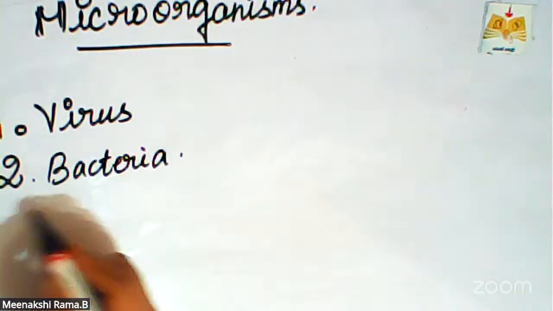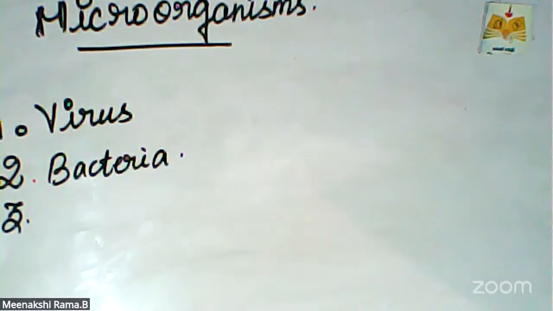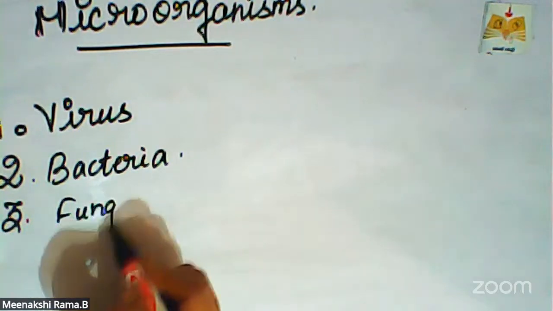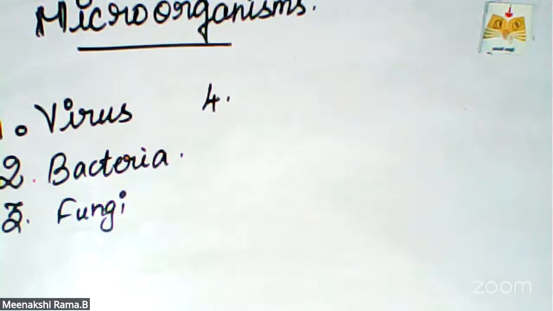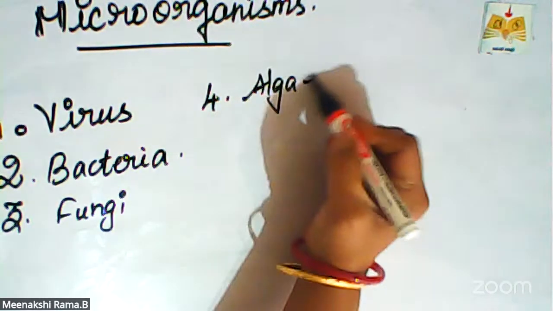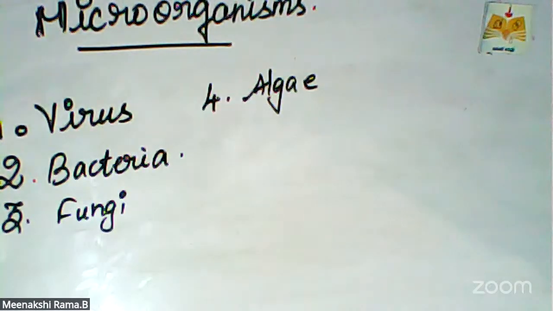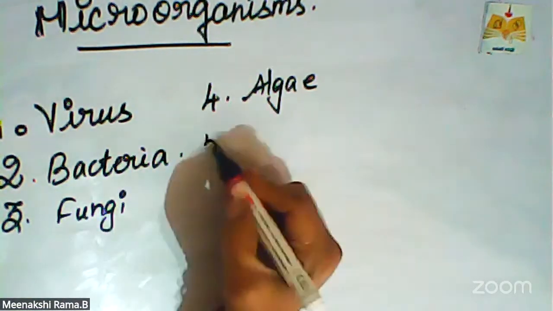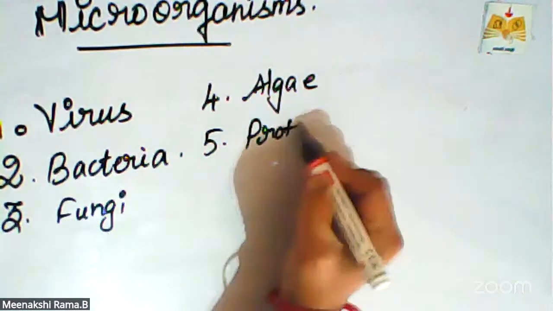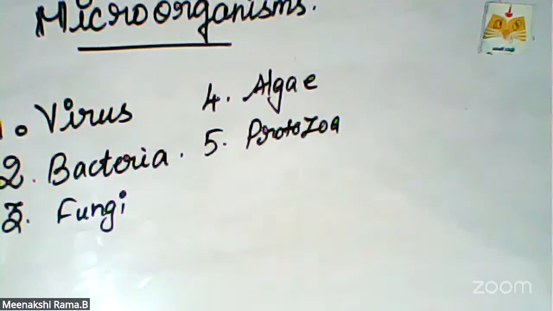Second one is bacteria. Third one is fungi. Fourth one is algae. Fifth one is protozoa. So they are divided into 5 categories.